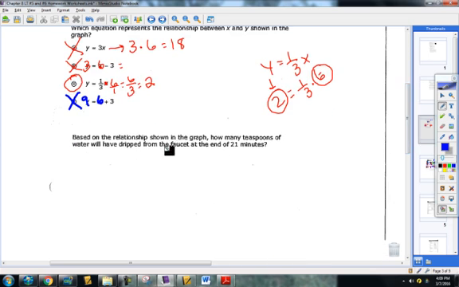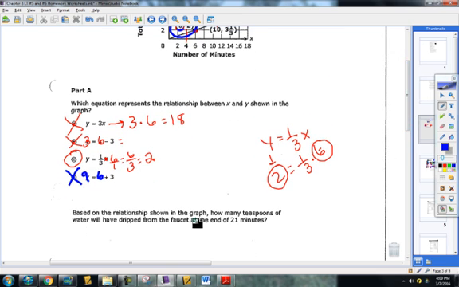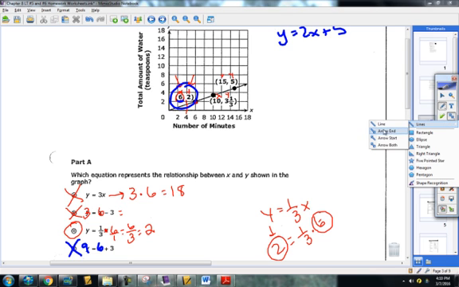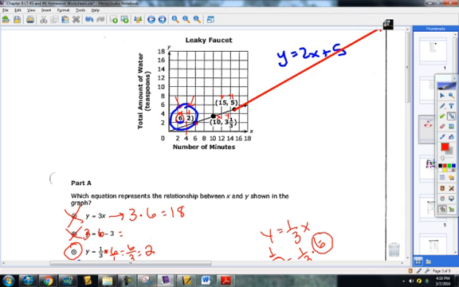And then this, we can talk about this actually. There are a lot of different ways you could do this, but if we want to know how many teaspoons would have dropped at 21 minutes, there are several different ways. One way is if this graph were just a little larger. We put an arrow at the end of these lines for a reason, because they go on forever.